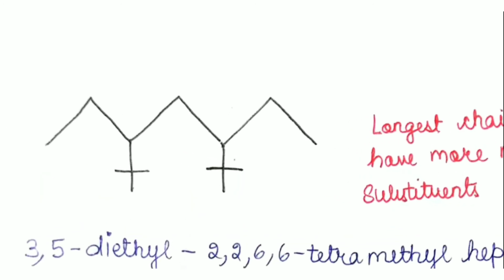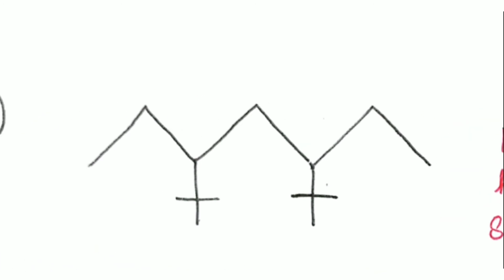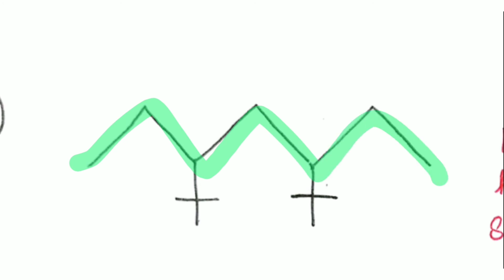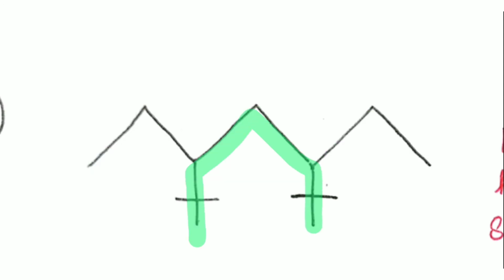Here also we have this compound in which we have to select our principal carbon chain. We see that if we select this as our principal carbon chain, we are getting 7 carbon atoms. Also, if we select this as our principal carbon chain, we are getting 7 carbon atoms, as 1, 2, 3, 4, 5, 6, 7. Okay. So now we have to see which gives us more number of substituents.